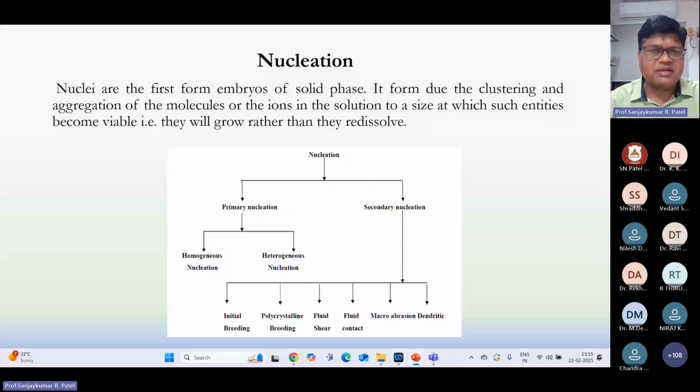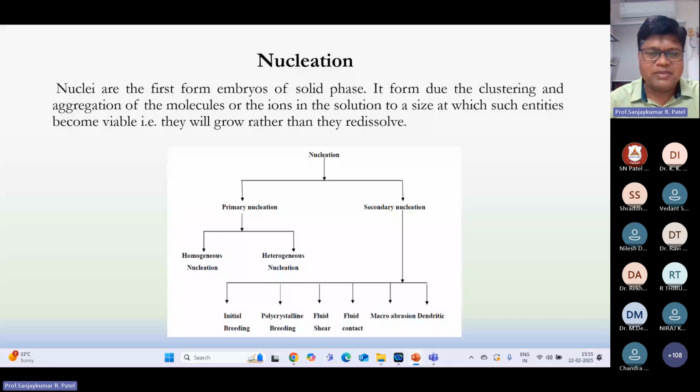Correct, because clustering occurs between many molecules, but some clusters aggregate together and then dissolve again. That is not nucleation. But some molecules become clusters and aggregate, and then diffusion of the molecules occurs on that to reach a detectable size.